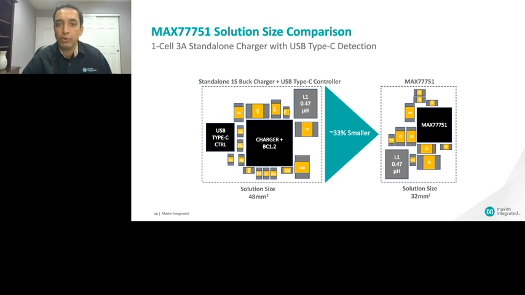But often for USB Type-C, you're going to need an external IC that effectively performs the CC pin detection. What is available on the market includes multiple blocks and a lot of components on the board. Whereas with the Maxim 77751, with the high integration, you're able to minimize the solution size. In this case, it can be as much as 33% smaller.